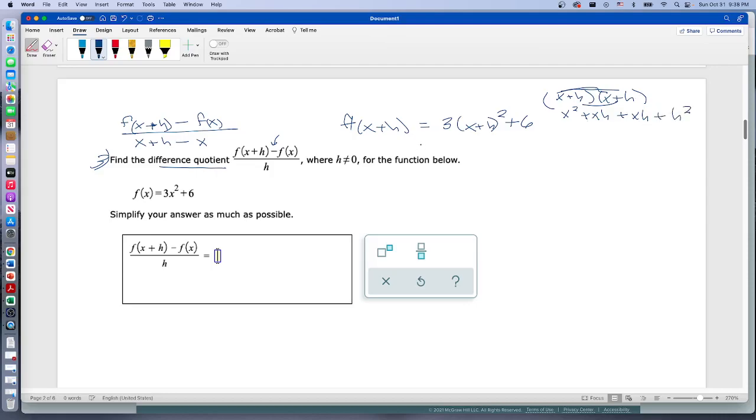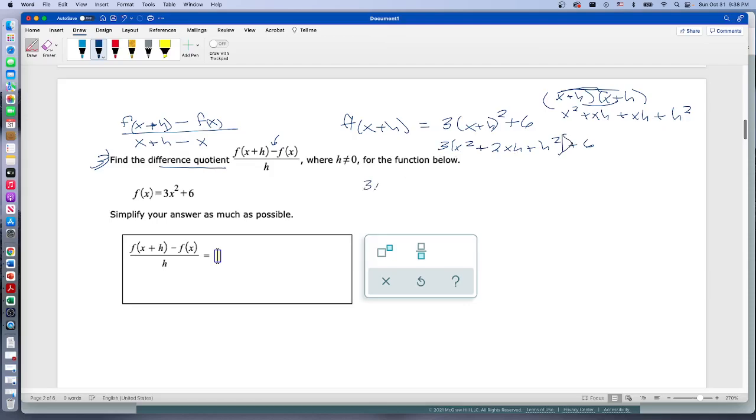So I'm going to condense that and put it over here. It's going to be 3x squared. You have xh and xh, so that's a plus 2xh plus h squared plus 6. Distribute the 3 through to the function, so we'll write it down here.